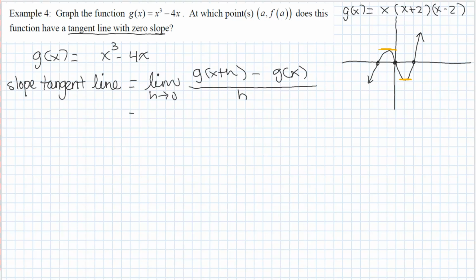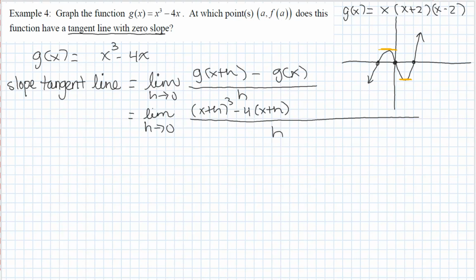Okay, so now we will see limit as h goes to 0, all over h right here. And we are looking at x plus h to the third power minus 4 times x plus h. That is the first part, minus the second part, which is your function, x to the third minus 4x.